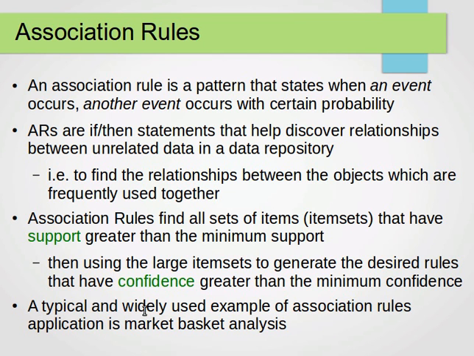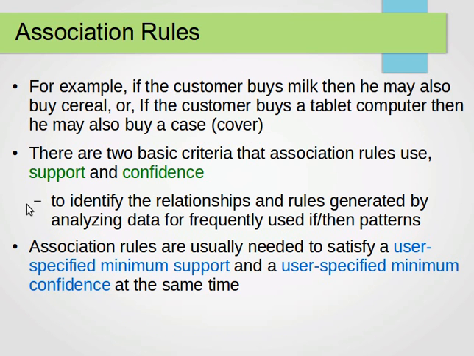A typical and widely used example of association rules is market-based analysis. The way supermarkets are designed, the way the layout is designed, the way catalogs even are designed is usually based on association rules. For example, if the customer buys milk, then he may also buy cereal or cornflakes.